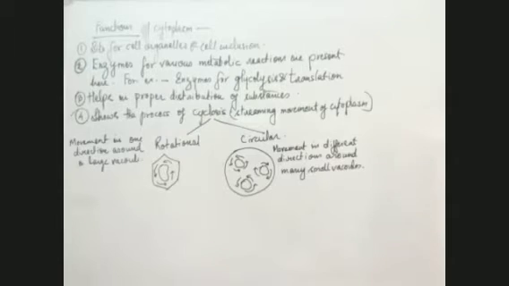Helps in pseudopodia formation. Now, anybody who knows what is pseudopodia? Yes, who will answer this question? What is pseudopodia? Yes, Peta. False feet. It is a protrusion of the cell, the plasma membrane. In which case?